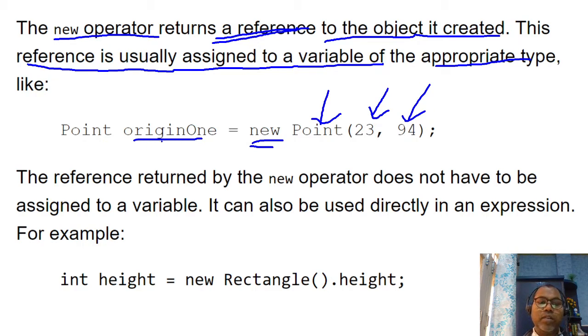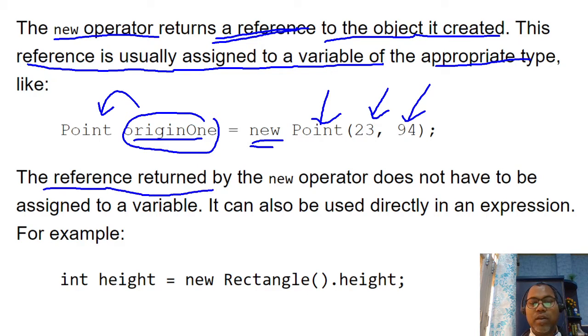This is the reference variable type of object, which holds the value. After the object is created, this is not an object, this is the reference variable that refers to an object. The reference returned by the new operator does not have to be assigned to a variable.